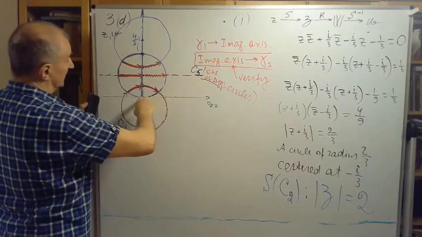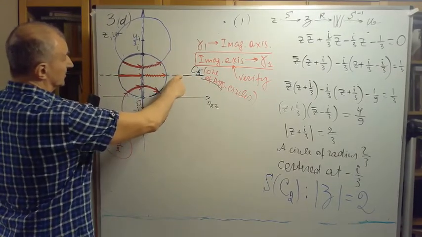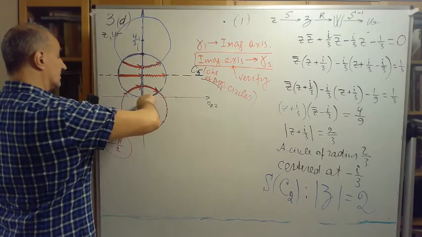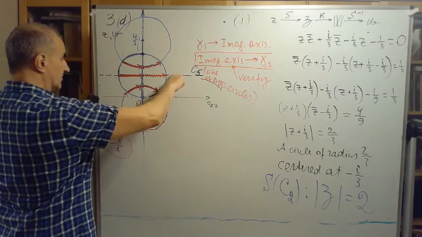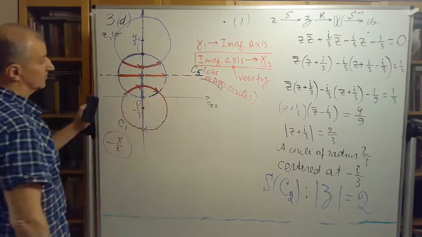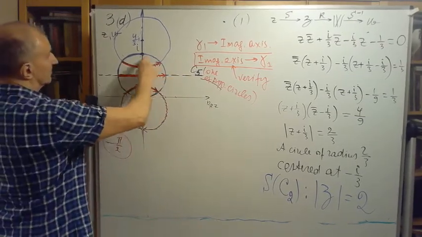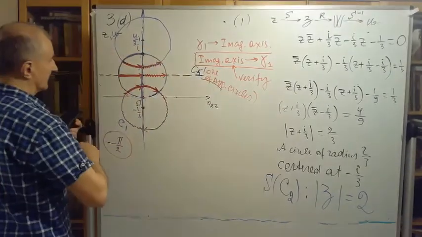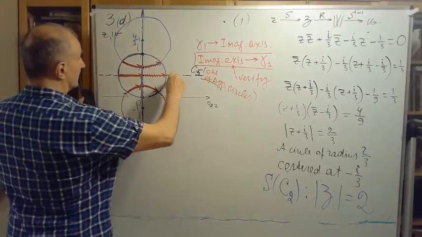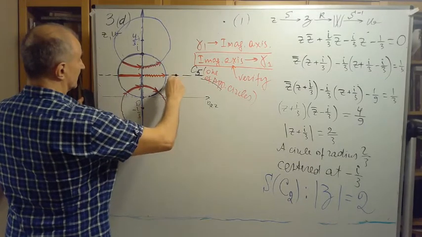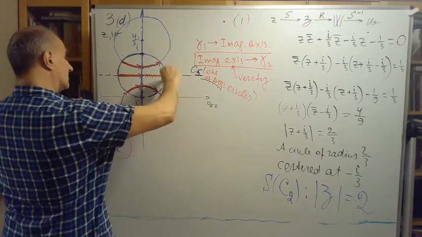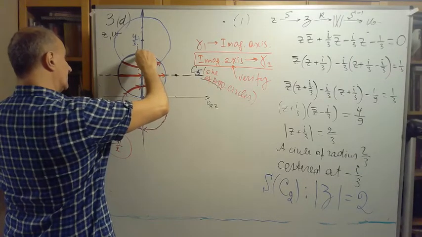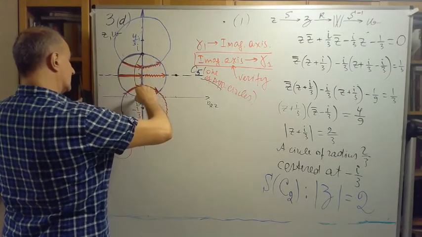We can take any point on this line and write an equation of a circle of radius distance from this point to the origin, or distance from this point to I. Yes? So we choose any point here as a center, and draw a circle passing through these 2 points.